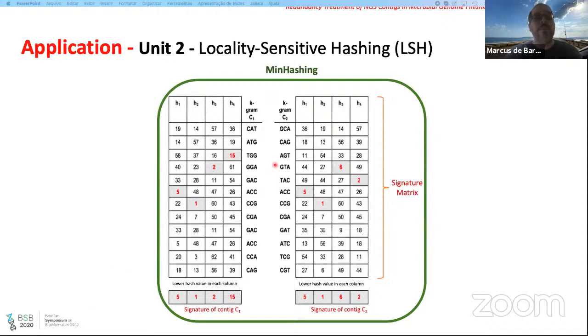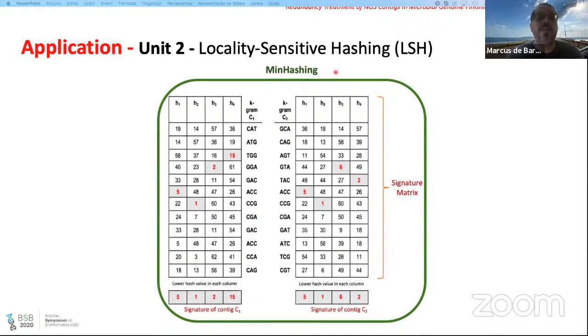These K grams for the 2 contigs are submitted to the next step called the min hash. On the min hash, each K gram is submitted to hash functions. So we generate this matrix that's called the signature matrix. And in the end, we look for the lowest values in each column to compose the signature of the contig.